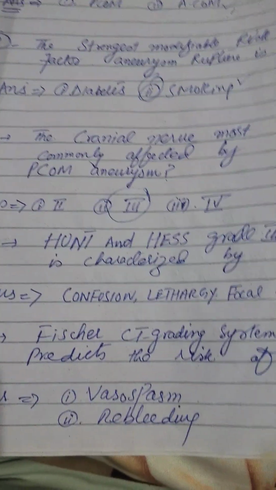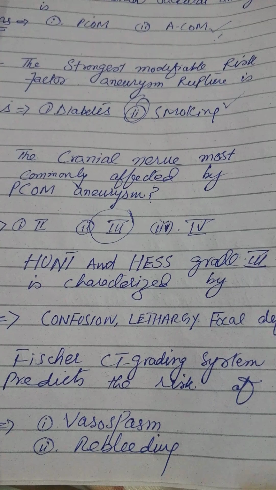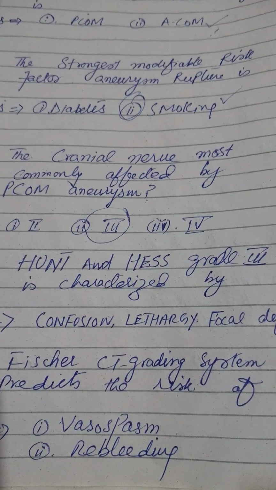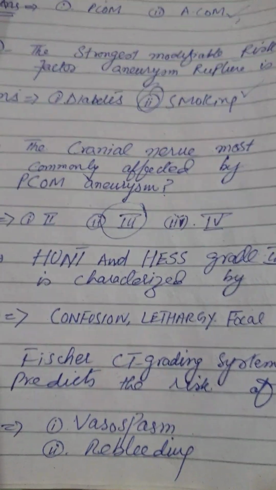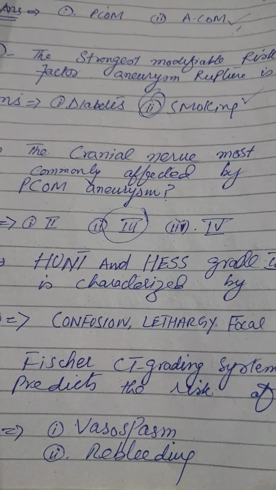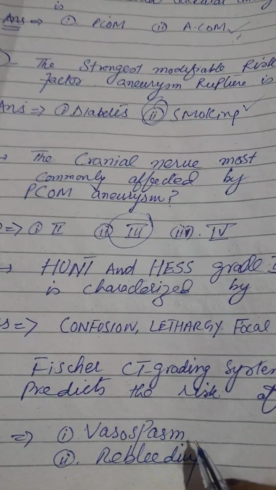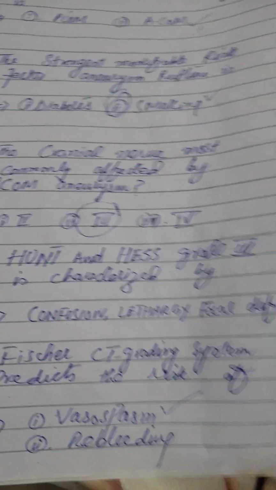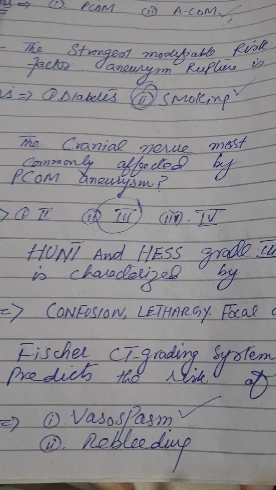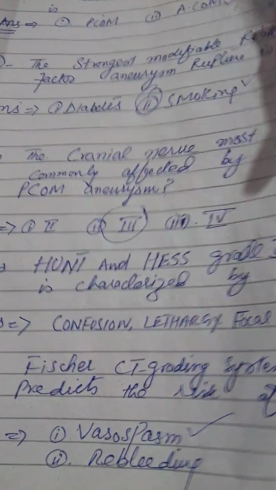In this question it is asking whether the Fisher CT grading system predicts the risk of vasospasm or rebleeding. The answer is vasospasm. Fisher CT grading system predicts the risk of vasospasm.